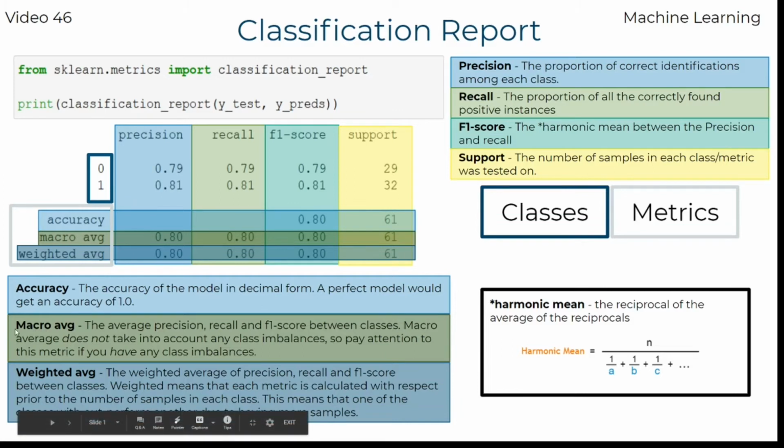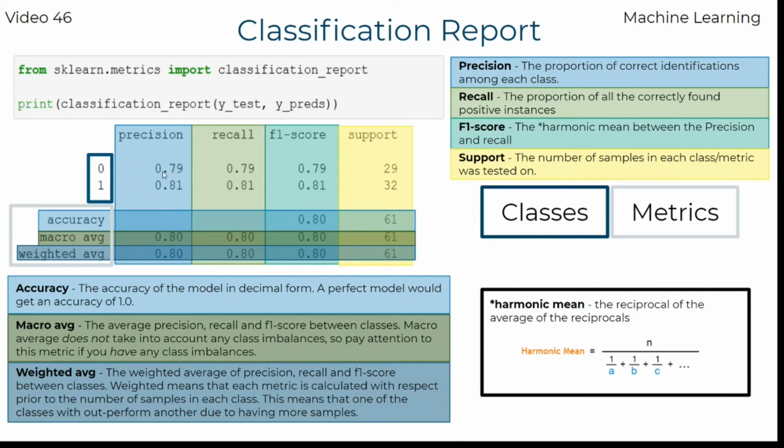The next one is the macro average. This is the average precision, recall, and F1 score between classes. If you're using the macro average metric, it does not take into account any class imbalances. Class imbalances are when there's a really big difference between the results for two classes.